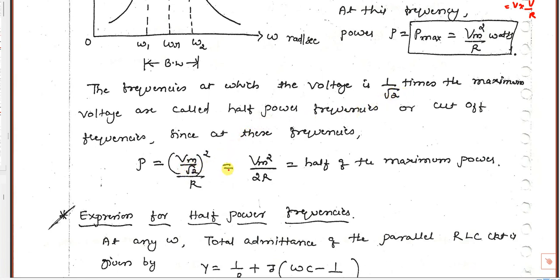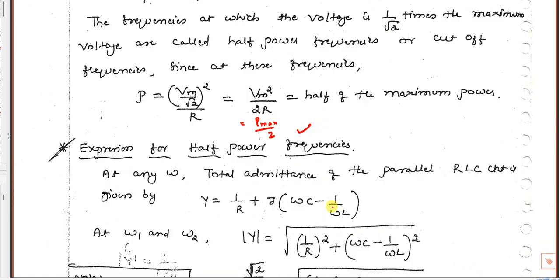So you'll get Vm by root 2 whole square by R. So Vm square by R, which is the maximum power, divided by 2. So it is P max by 2. This is why they are called half power frequencies.